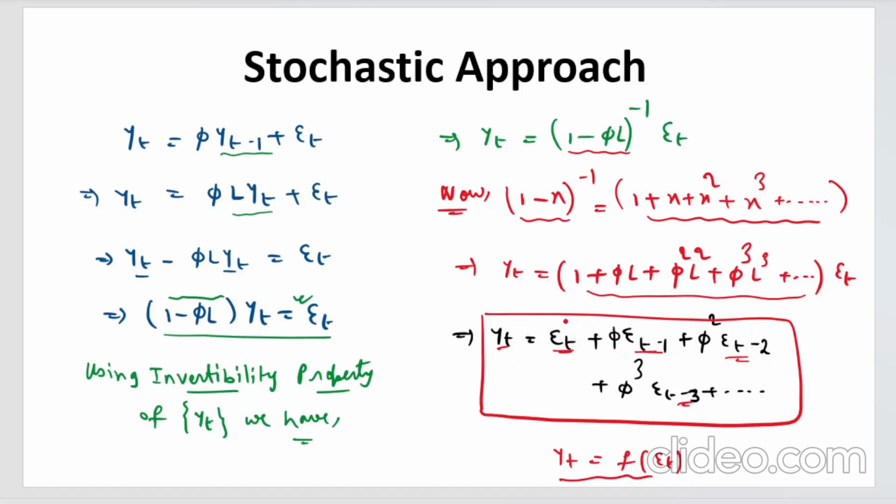Since we know the distribution of epsilon t and its lag values, from the IID property that I have mentioned, after this transformation we are able to find the mean of y_t, variance of y_t and autocovariance of y_t. So let's quickly do that, and with that we will end our session.